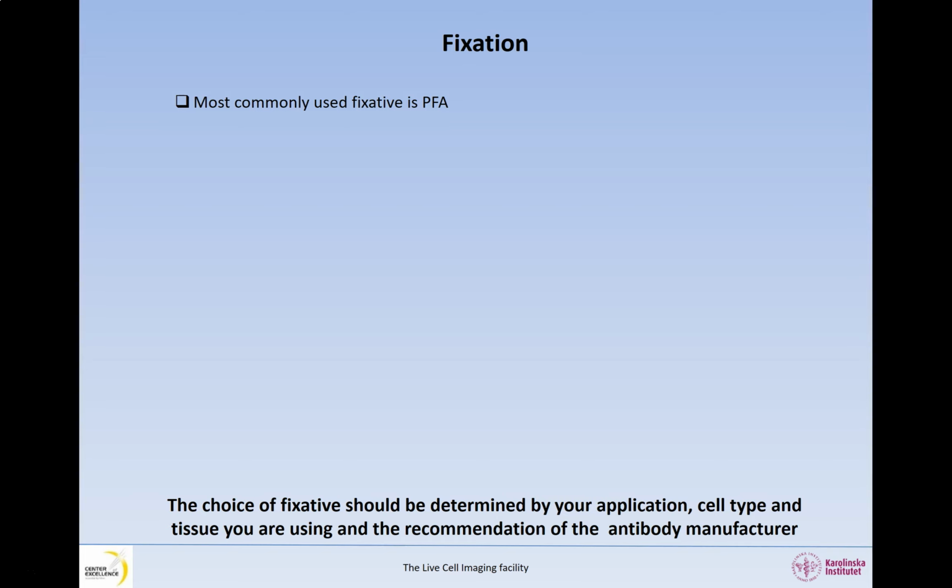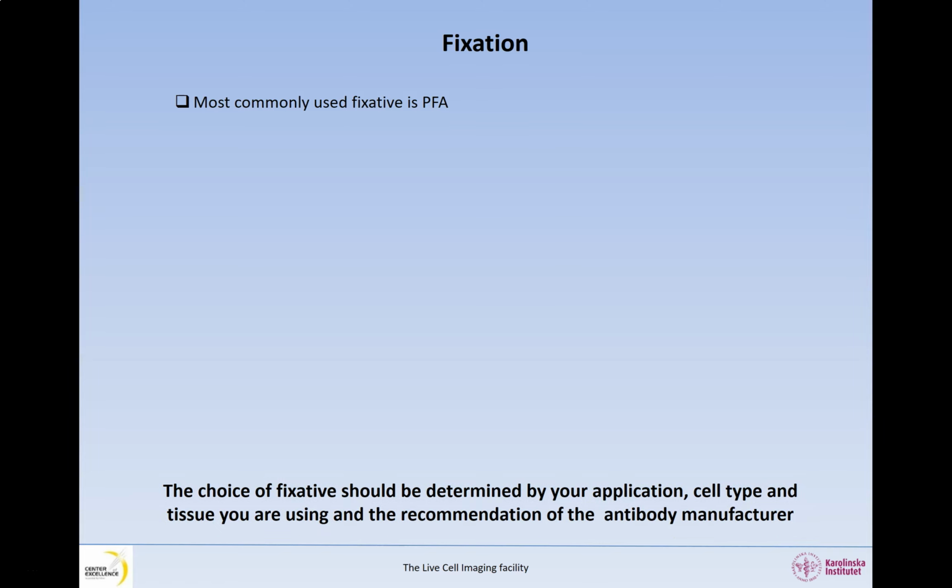When fixing with paraformaldehyde, only use fresh paraformaldehyde, not one from a bottle which was opened many times and kept at room temperature or on the bench. You can prepare your own PFA solution. Buy the smallest quantity of PFA powder and prepare a working stock solution.